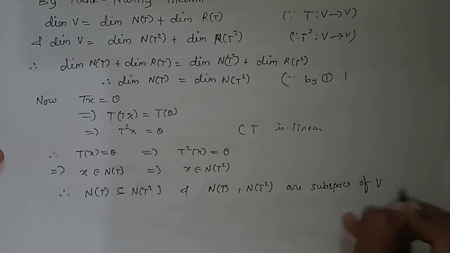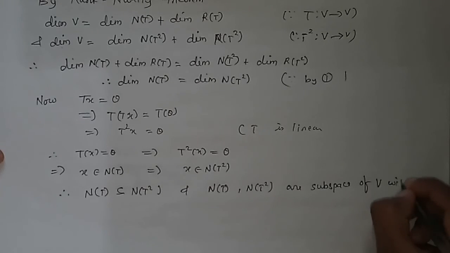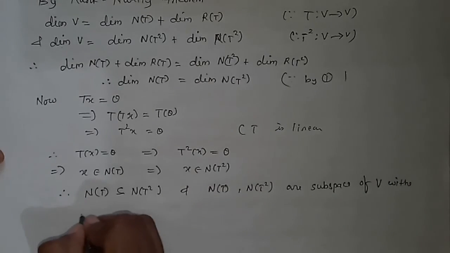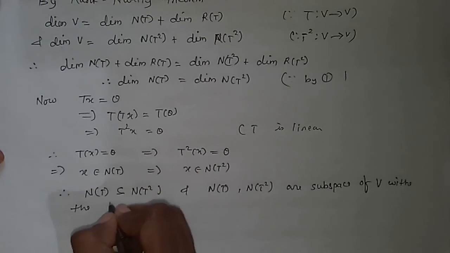Here this V means we are talking about the domain, not the codomain, because nullity is always a subspace of the domain and the range set is a subspace of the codomain, with the same dimension.